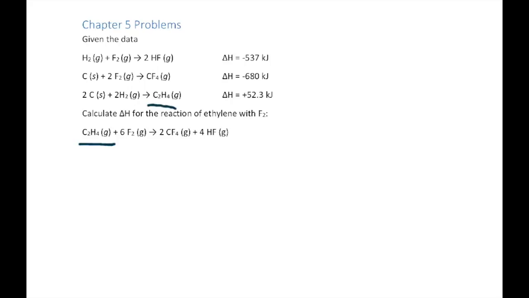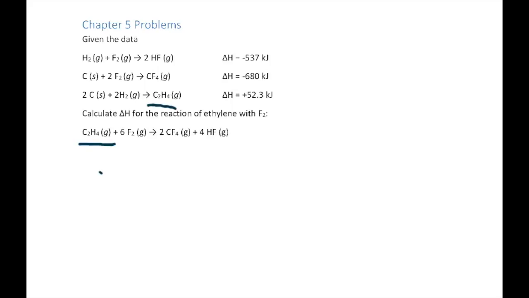I also noticed that the ethylene in the subcomponent reaction is a product, but we need it on the reactant side. So as you might have guessed, we need to inverse this third reaction. When we add them all up to equal the overall reaction, we need the C2H4 to be a reactant.